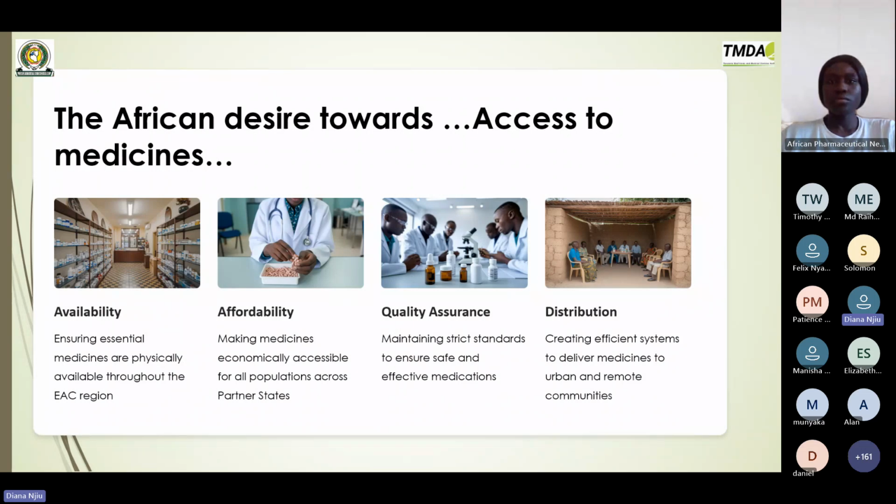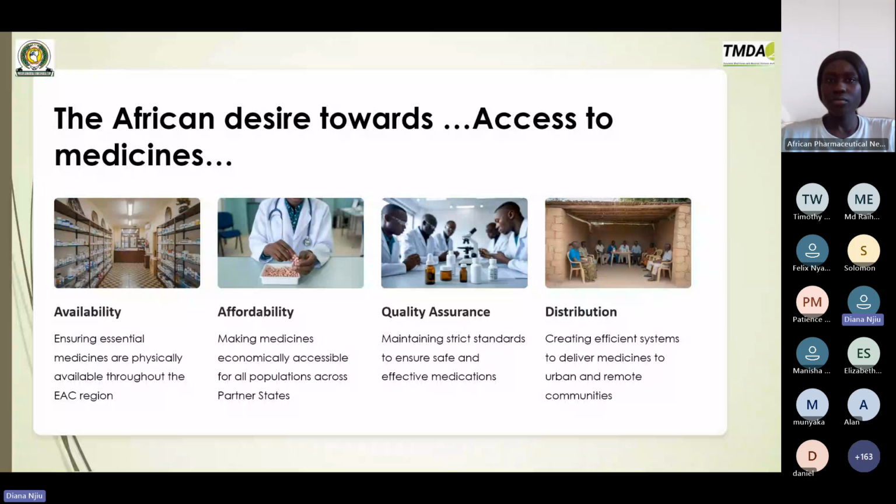Affordability means making medicine economically accessible for all populations across the partner states. Quality assurance means maintaining strict standards so that safe and effective medications are accessible.